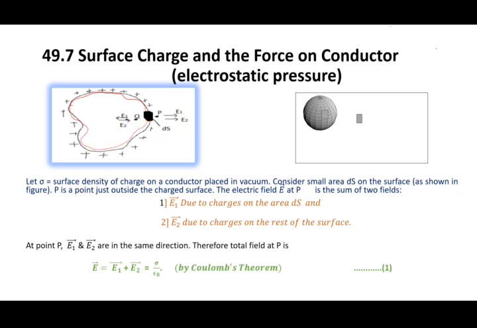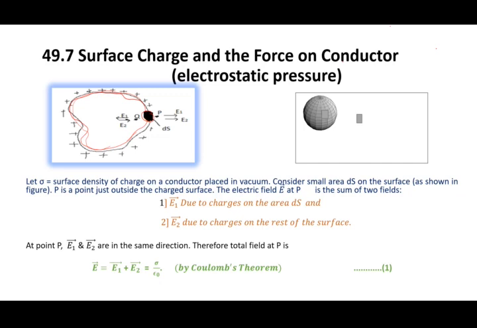Therefore, any small portion of the surface feels repulsion from the charges that are present on the rest of the surface. I have to calculate that repulsive force. How to do that? That will be done in this way.